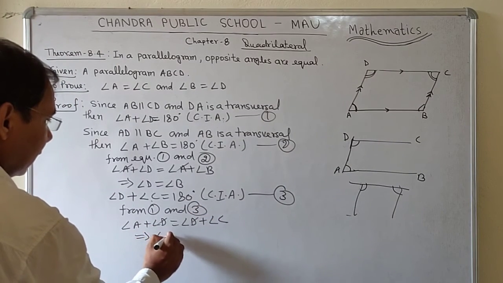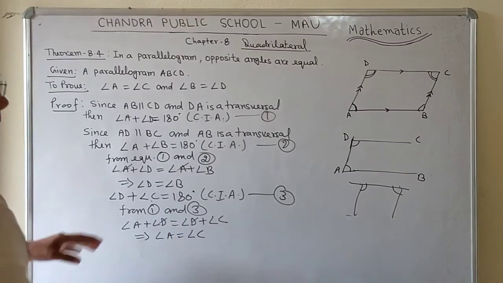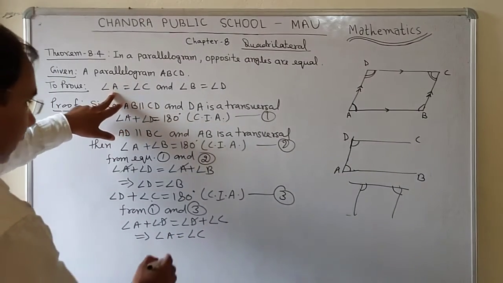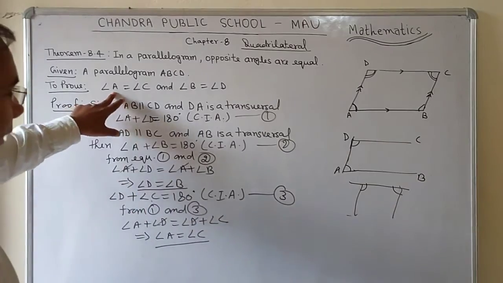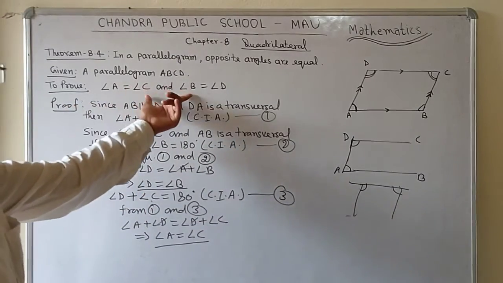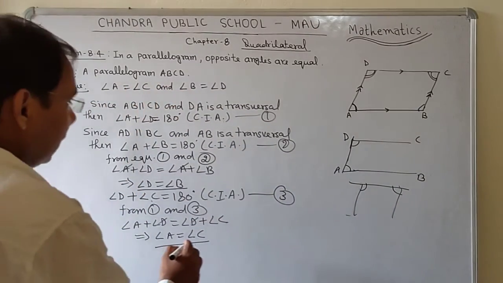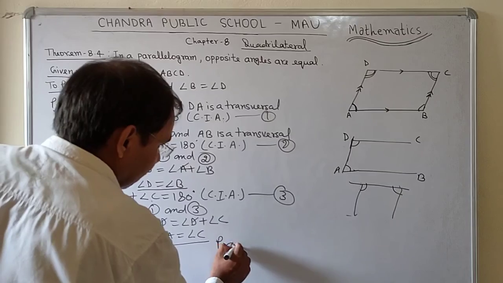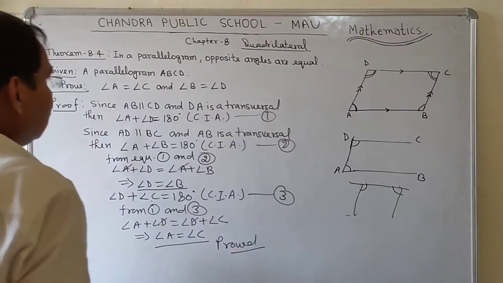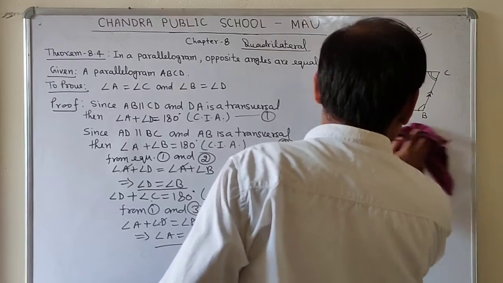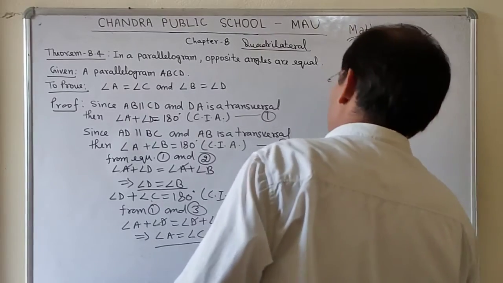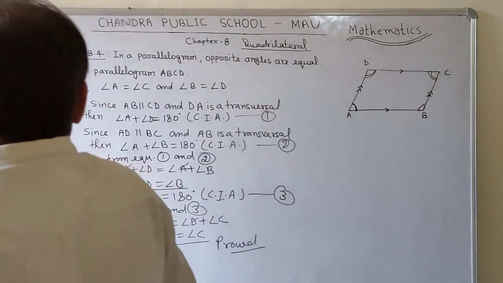It shows that angle A equals angle C. So here angle A equals angle C is proved, and angle B equals angle D is proved. So both the parts are proved. It means in a parallelogram both pairs of opposite angles are equal. So that is the complete proof of Theorem 8.4. So you need to write the proof of Theorem 8.4.